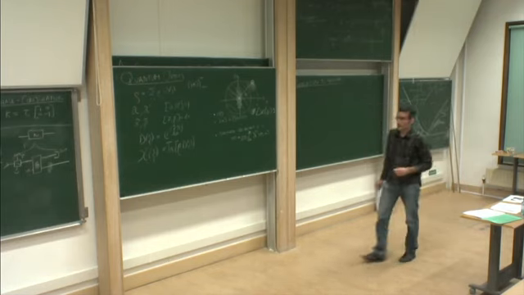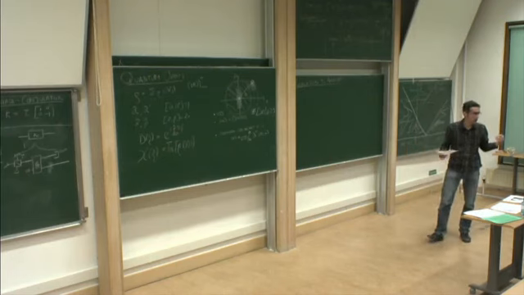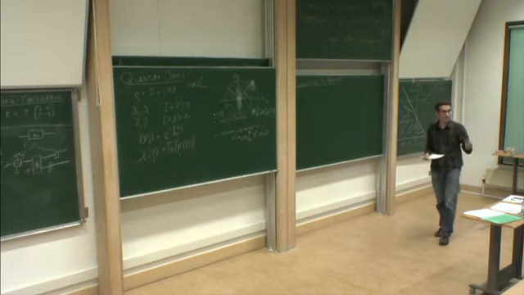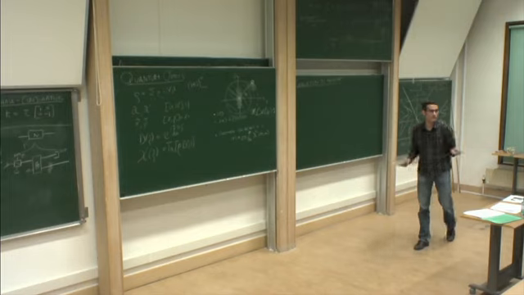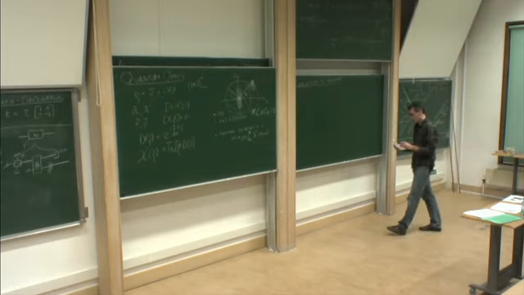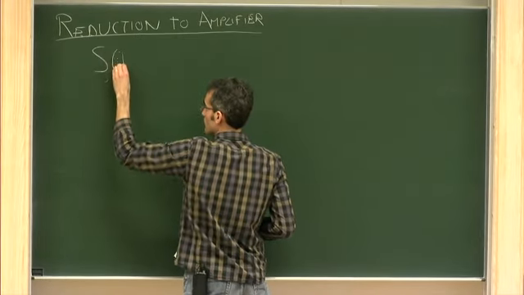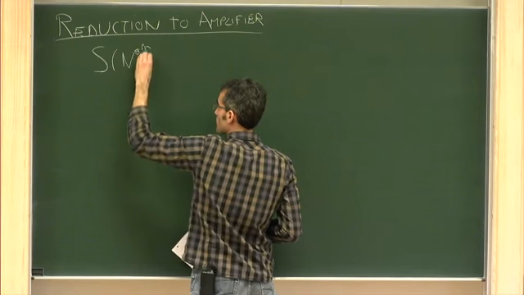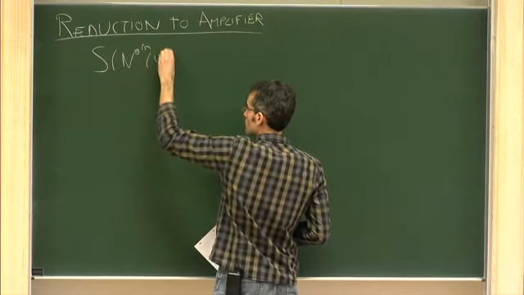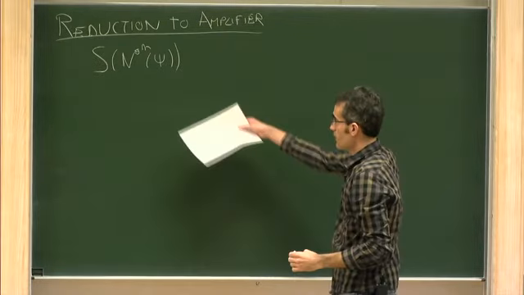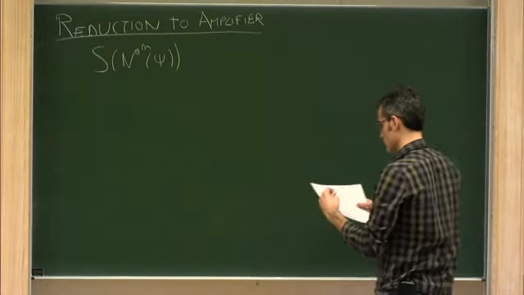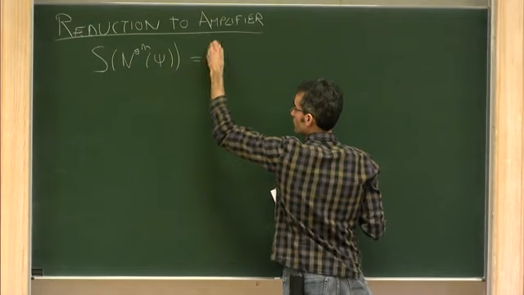Okay, so the intuition is that if you have a beam and you start removing photons, at some point you get nothing, the vacuum. So I want to lower bound this, okay?